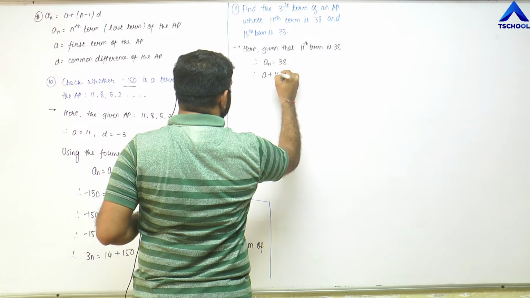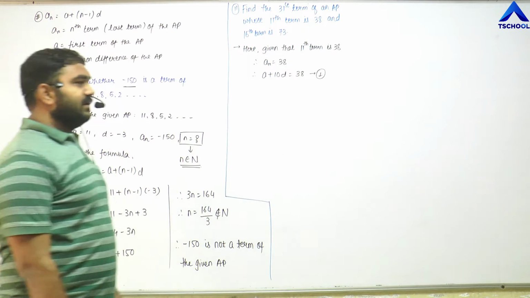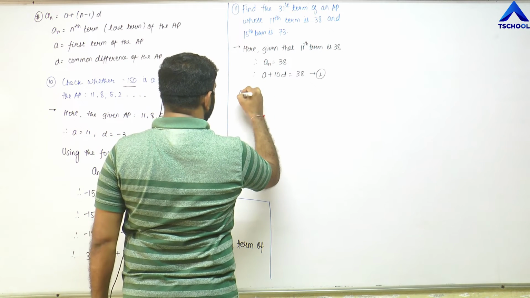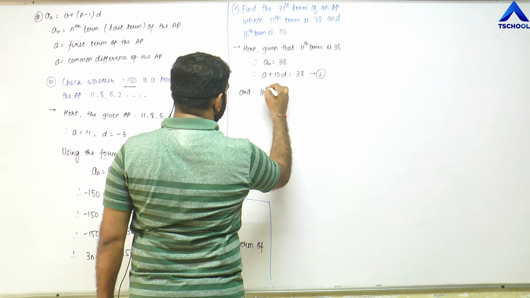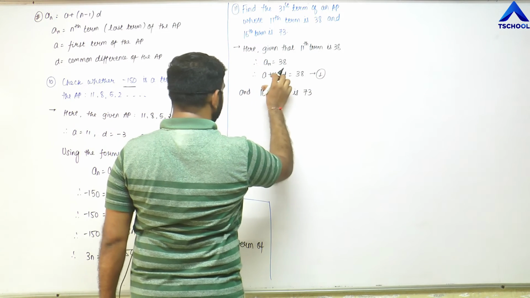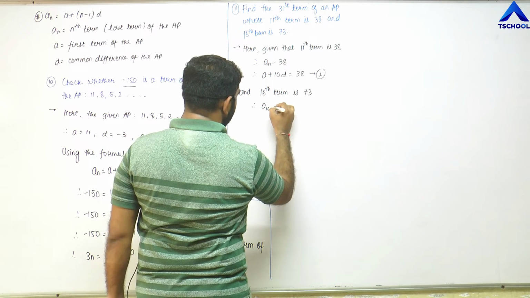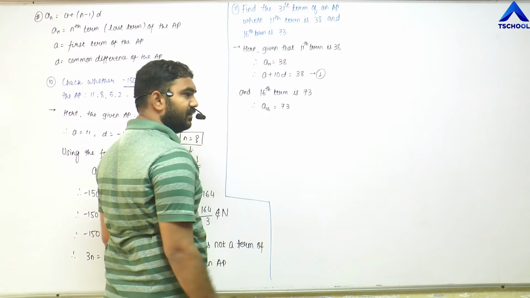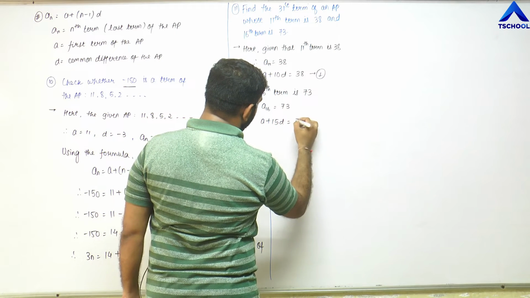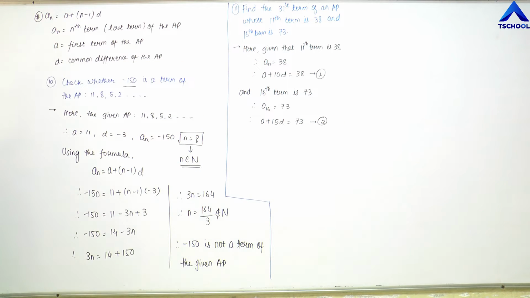Therefore a plus 10d equals 38. This is my first equation. Similarly, we are also given the 16th term, which is 73. Therefore A16 equals 73, and from the general form we have a plus 15d equals 73.